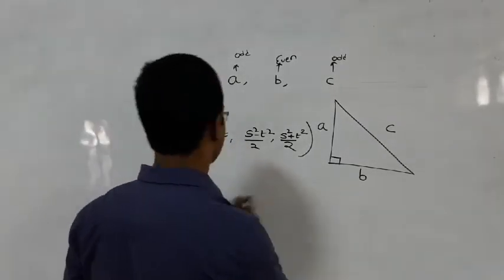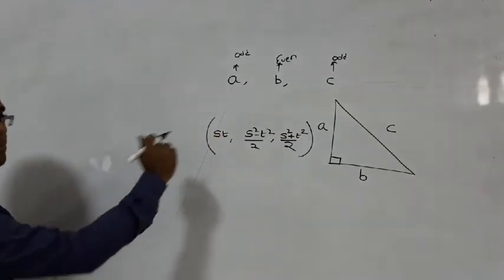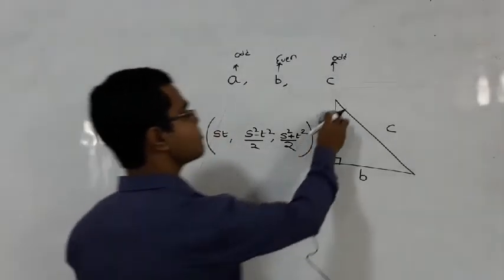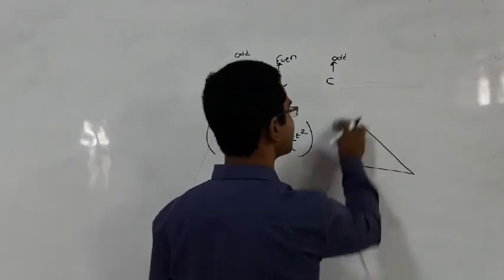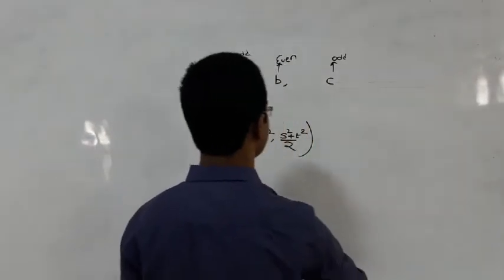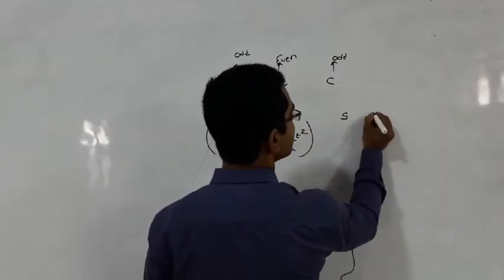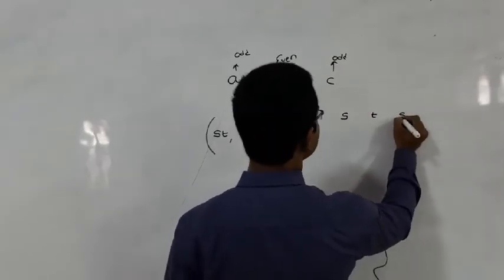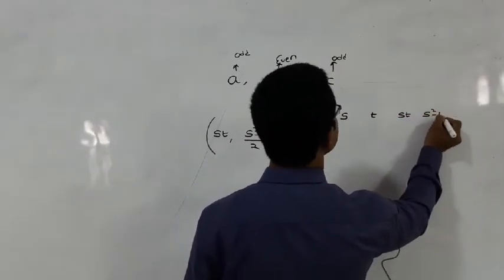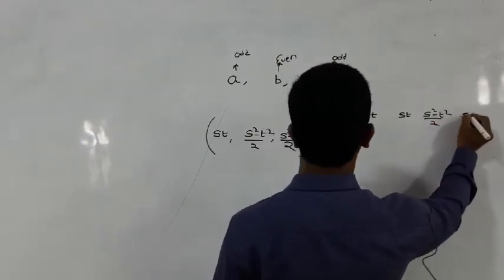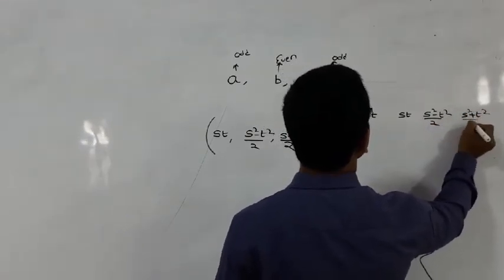So now we can draw a table. Very simple thing. Let me erase this part of the diagram and write a table. You will understand how there are infinite Pythagoras triplets. S value, T value, ST value, S square minus T square by 2 value, and S square plus T square by 2.